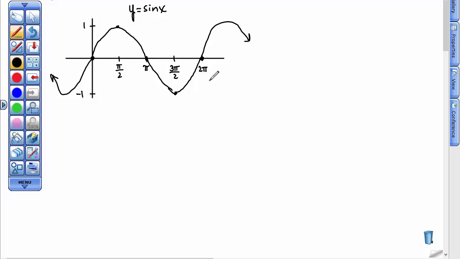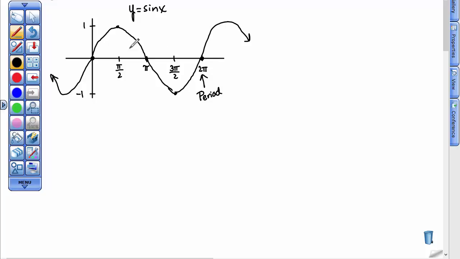What I'd like you to notice in this problem is two things. The period, or the time it takes for this function to get back to where it started, from here back to where it started so that it goes up again. The period of this function is 2 pi, or 360 degrees around the circle.